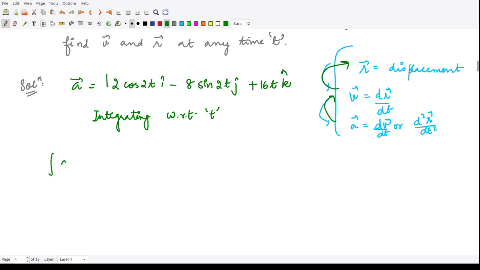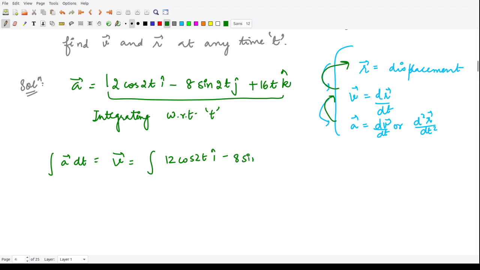The integration of vector a with respect to t is vector v, and we have the integration of this whole vector, that is equal to the integral of 12 cos 2t i cap minus 8 sin 2t j cap plus 16t k cap dt.